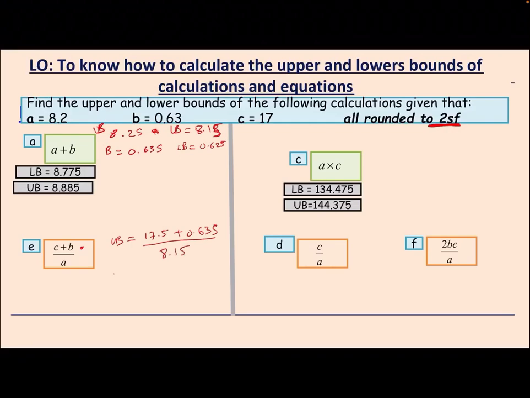And now if we're trying to find the lower bound, it's going to be the lower bound C and the lower bound B over the upper bound A. Okay.